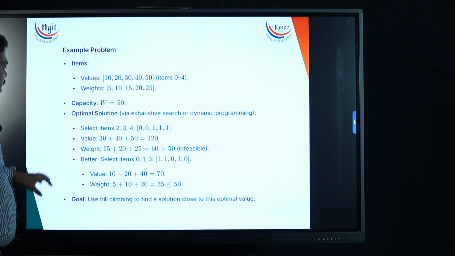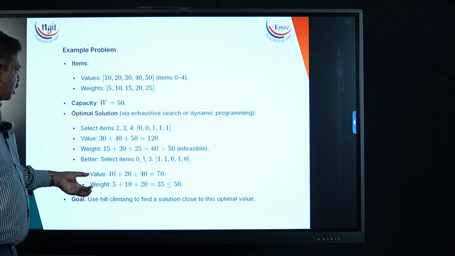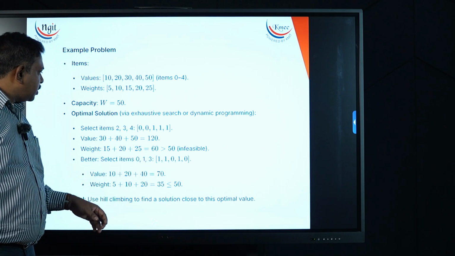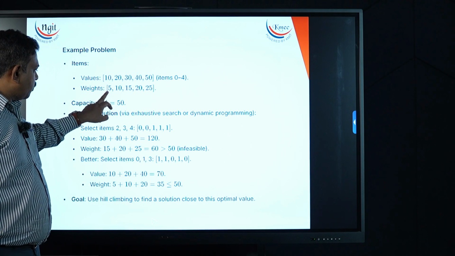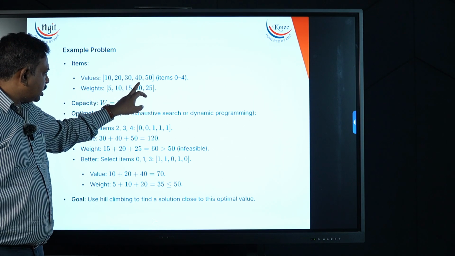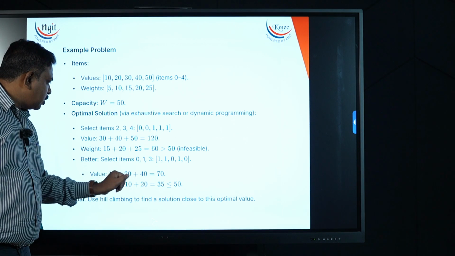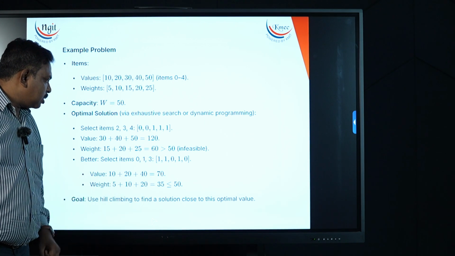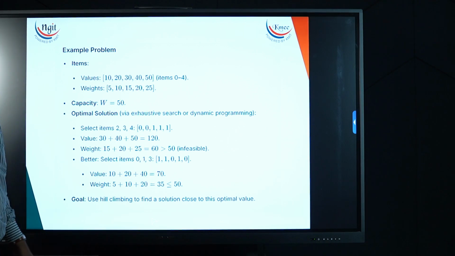So what I do, better I select the items 1, 1, 0, 1, 0. That means the first item, the second item 20, and the fourth item 40. They are the selected values. Their value is 5, but their weights total 35, less than or equal to 50.